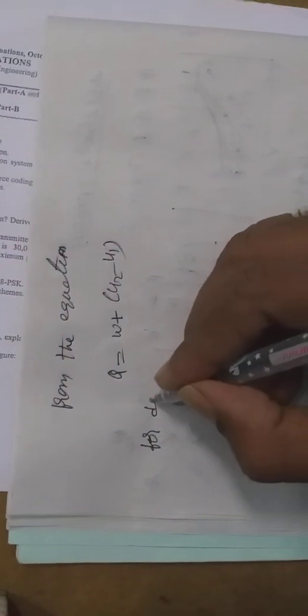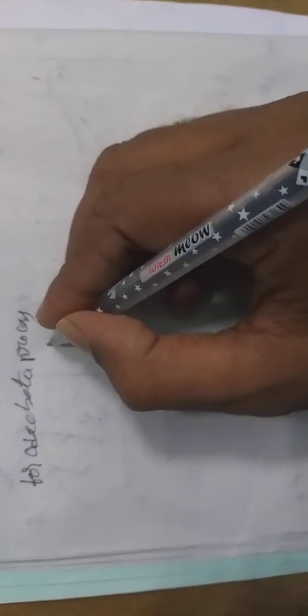So for the adiabatic process, Q is equal to 0. So 0 is equal to W plus U2 minus U1.